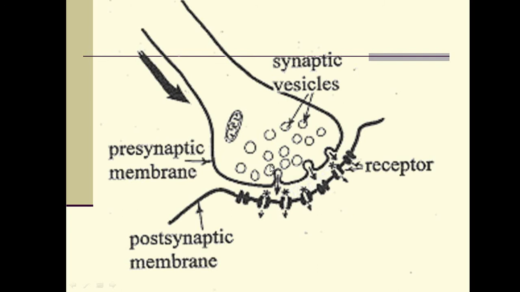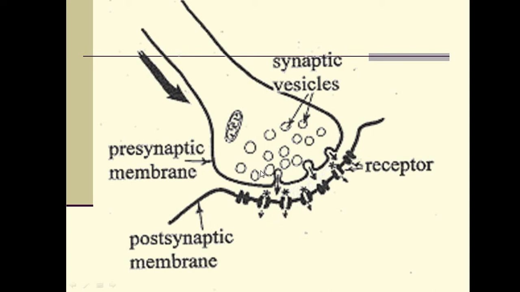So when an action potential is generated, it is carried along the axon to the presynaptic ending, and from there it triggers the release of chemical messengers called neurotransmitters. That is what we have to study. These neurotransmitters cross the synaptic cleft and bind to receptors in the postsynaptic ending of a dendrite.